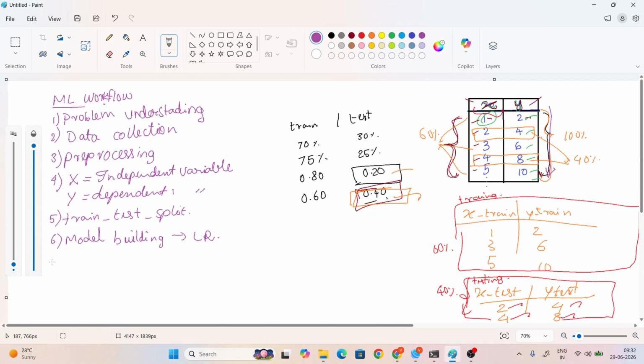The next one is evaluation metrics. We have to evaluate the model. Evaluation metrics has types, guys: mean absolute error, mean squared error, root mean squared error, and R square score.